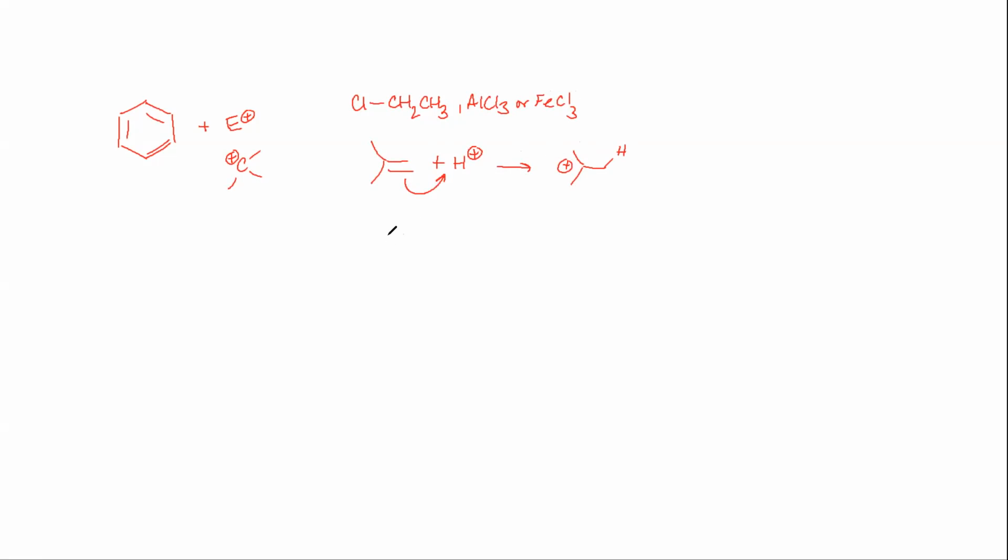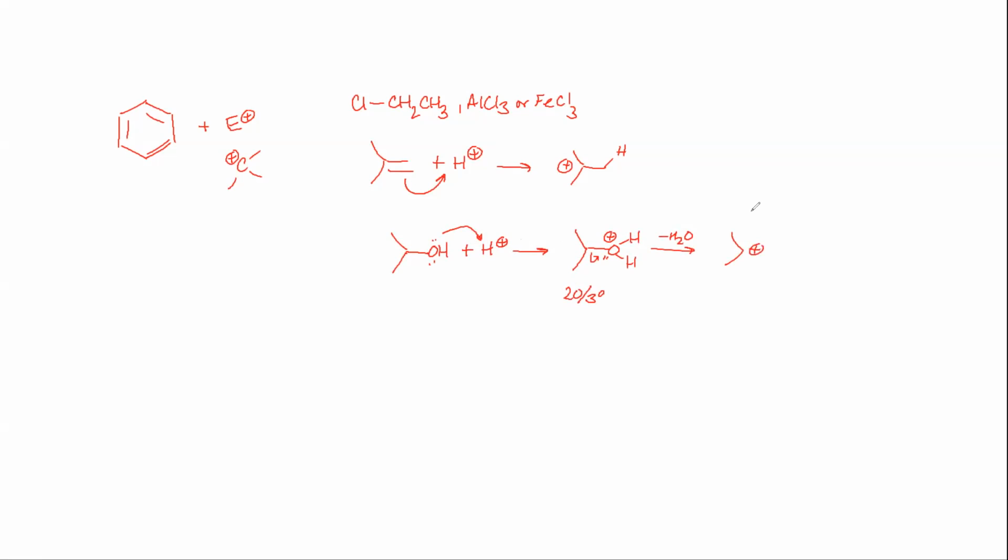And you could also take a secondary or a tertiary alcohol and add H plus to that, which would then protonate the OH group. And then the water would leave. As long as this is secondary or tertiary, the water would leave to then give you a carbocation.